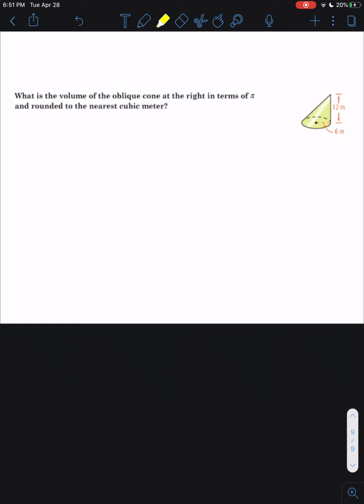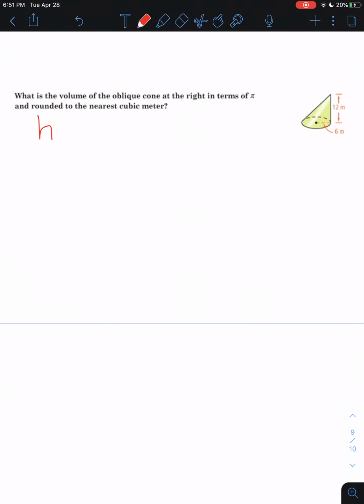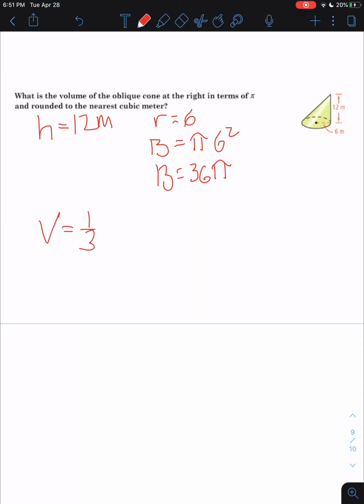So what's the volume of this oblique cone? Well, notice the height is 12, and that's 12 meters this time. And the radius, r, is 6. So cap B would be pi times 6 squared, which is 36 pi. So base is 36 pi. The volume again, 1/3 times cap B times h.